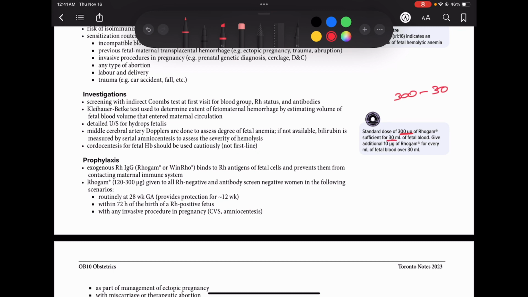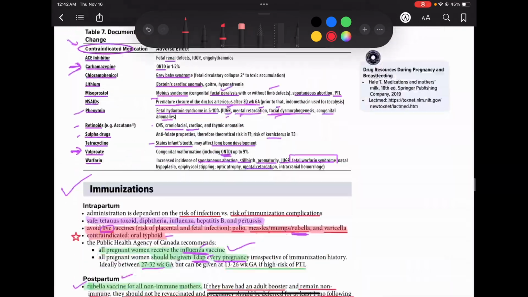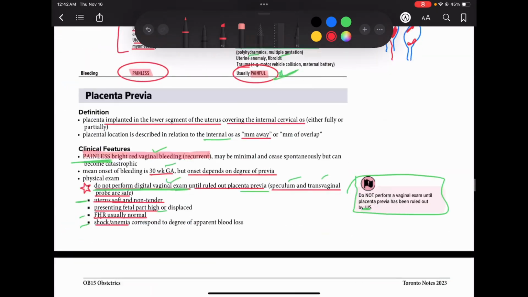I hope I don't forget it again. So 300 micrograms is sufficient for 30, and give an additional 10 micrograms of RhoGAM for every 1 milliliter over the 30 milliliters. Okay. So you'll do the test, and you would know how much RhoGAM you are supposed to give.